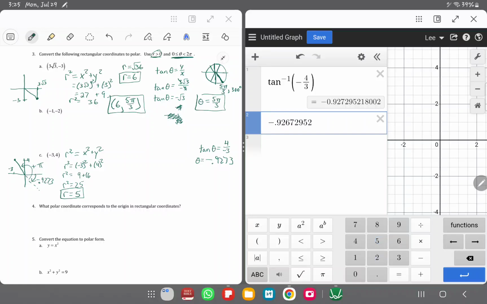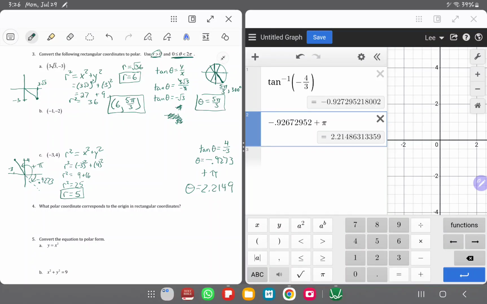We'll put a few extra decimals in there, and then we're going to add pi. So that gives me this 2.2148 number that's right there. So I'm just going to say over here plus pi, and then theta is this 2.2149, round it to 4 decimals.